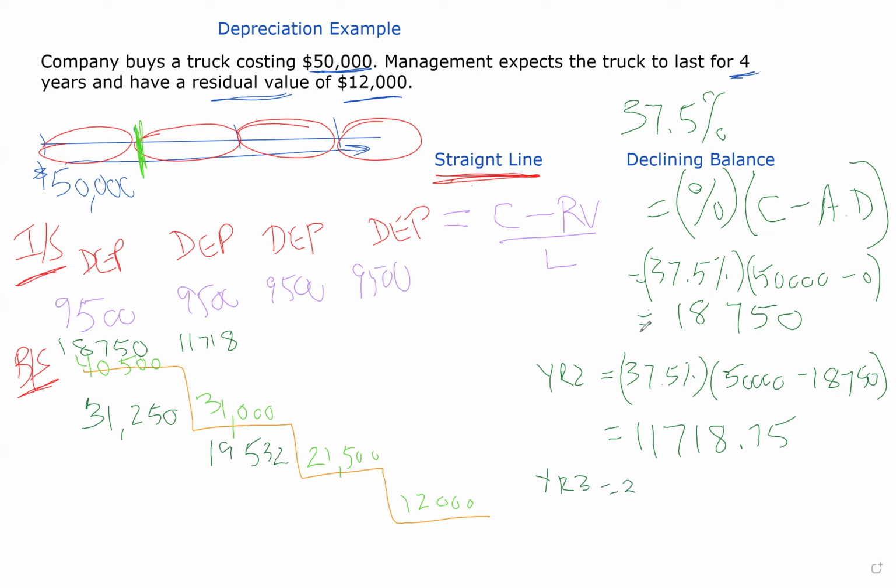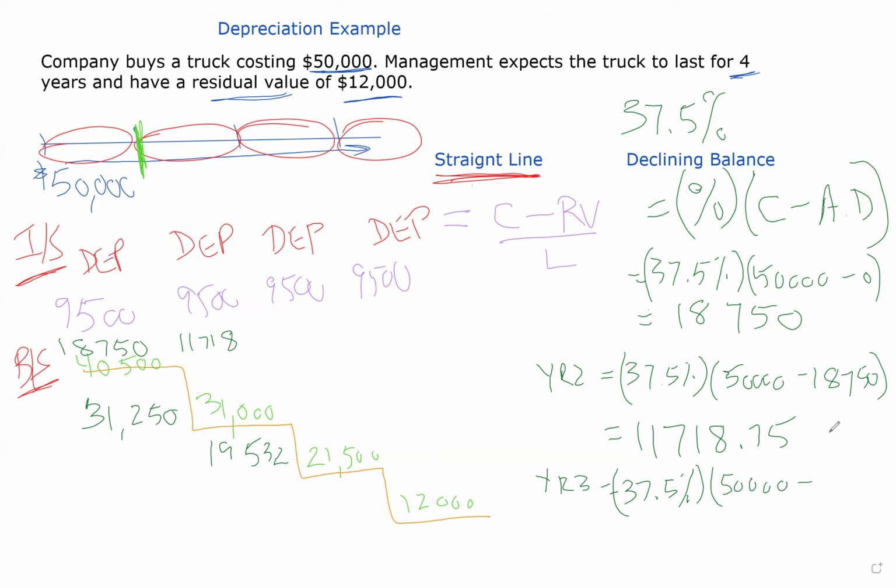Okay, I've got my 37.5%, and now I've got my cost of 50,000, and now I need to subtract the total accumulated depreciation, 18,750 plus 11,718 and 75 cents.